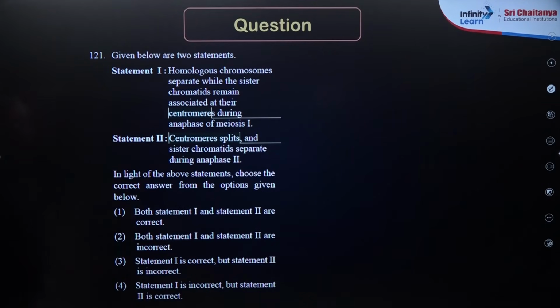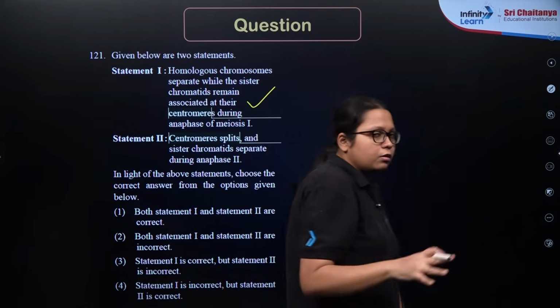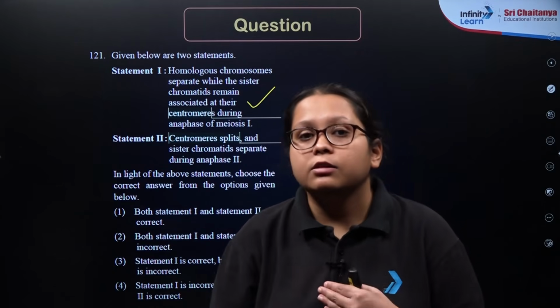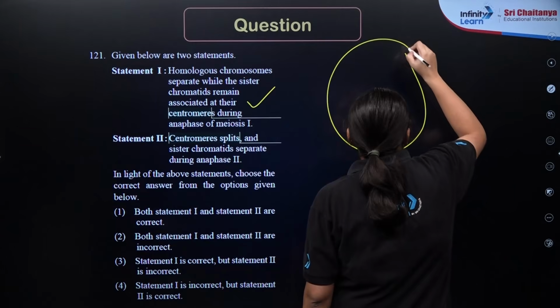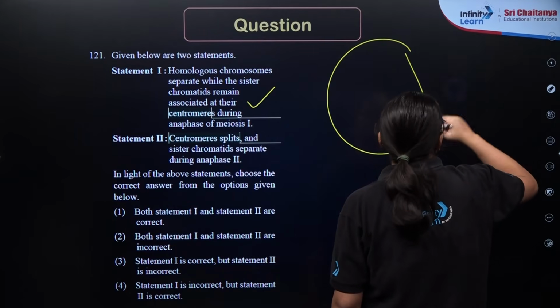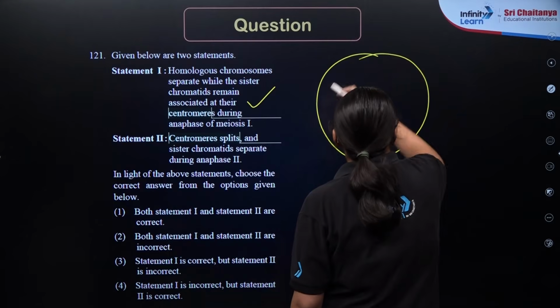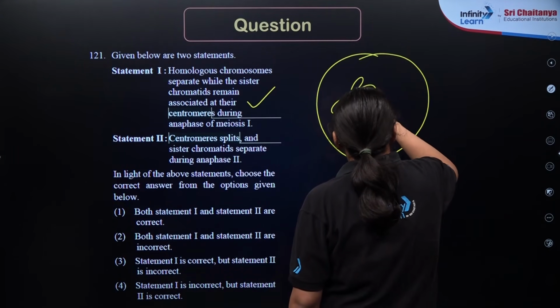Next, homologous chromosomes separate while sister chromatids remain associated at their centromeres during anaphase of meiosis 1. So, during meiosis 1, mostly what is separating? Homologous chromosomes which have done the recombination process. For example, this is your cell.